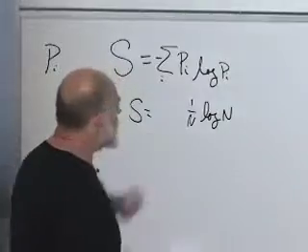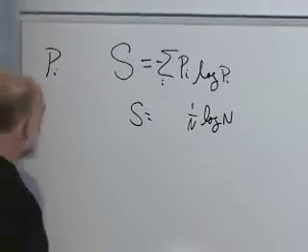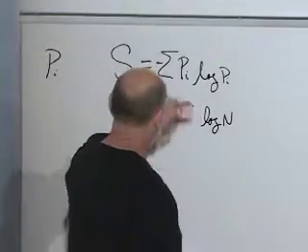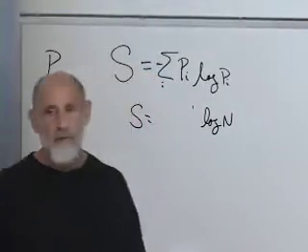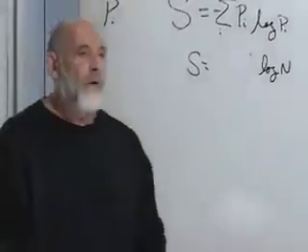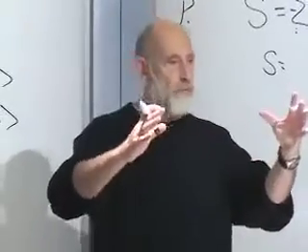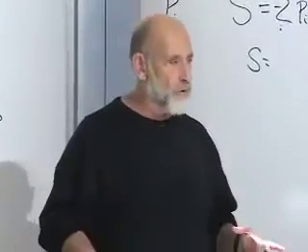But then you have n terms in the sum, so you have to multiply this by n, and the answer is that the entropy is the logarithm of the number of states. The entropy is, roughly speaking, the logarithm of the number of states which are important in the probability distribution.